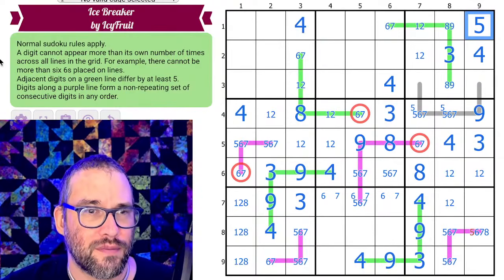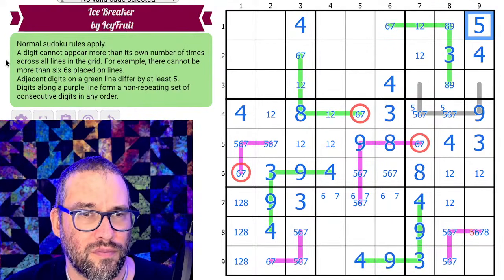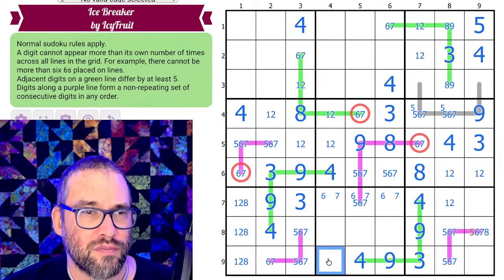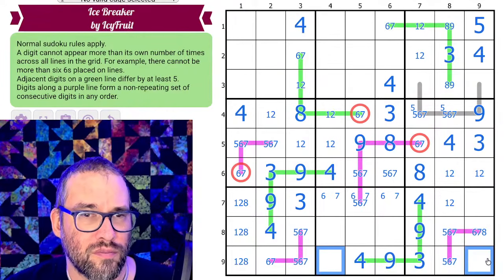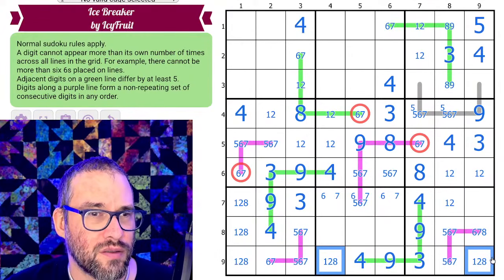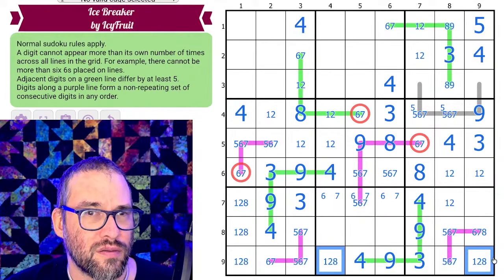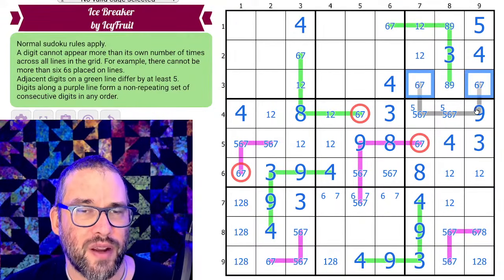Let's see, 1, 2, 8. This is a 6, 7 pair.